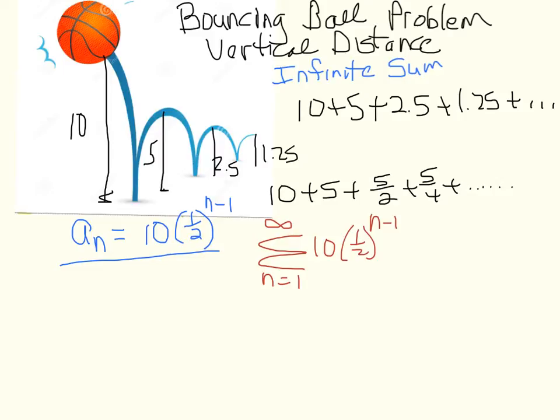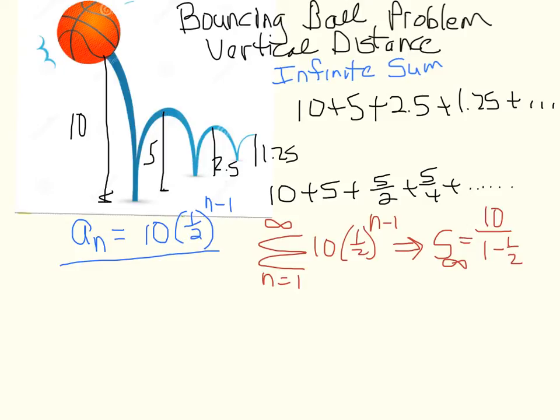Now, there's a couple ways we did this. We could do this on the calculator if you want, or we saw that it's really pretty easy to find the infinite sum, and it does converge because the ratio is a fraction. All we have to do to find the infinite sum is take the first term and divide it by 1 minus the common ratio.